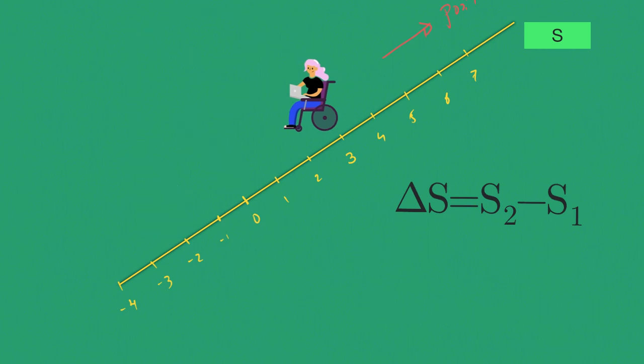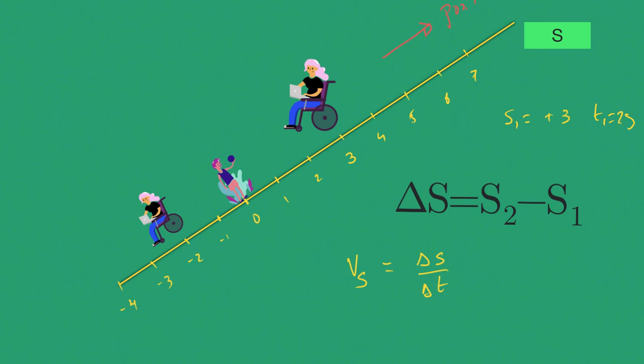And now we ask, what is the velocity Vs in the direction S? The velocity in the direction S is delta S divided by delta t. So let's say that the object is at S1 equal plus 3 when t1 equal 2 seconds.